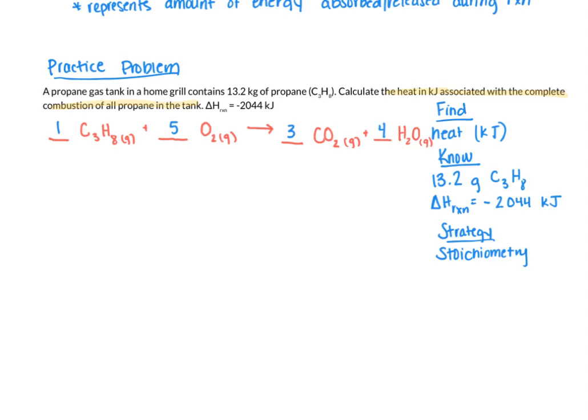So we know we're starting with 13.2 kilograms of C3H8. We always want to start with the value, whatever we're given. In this case, we are given the mass of propane. So we're going to start with 13.2 kilograms of C3H8.